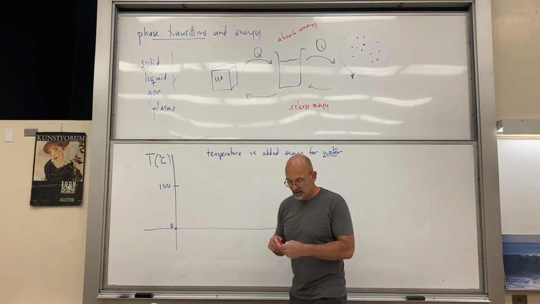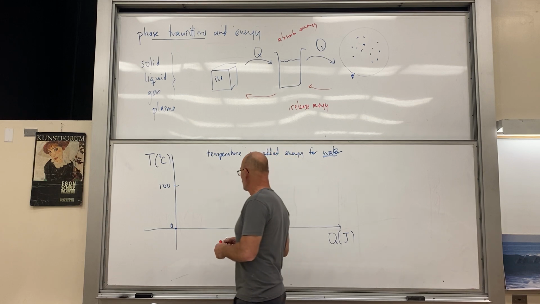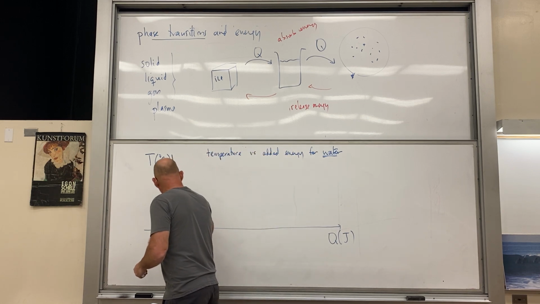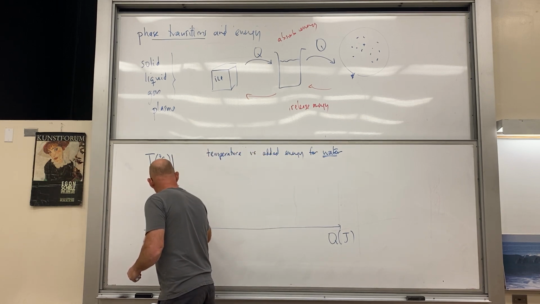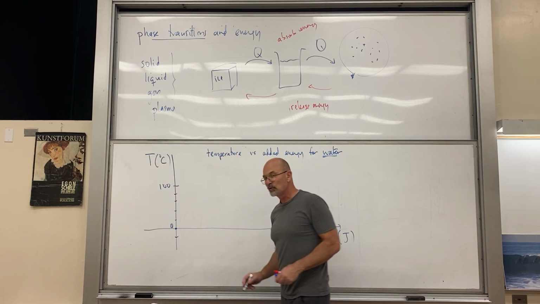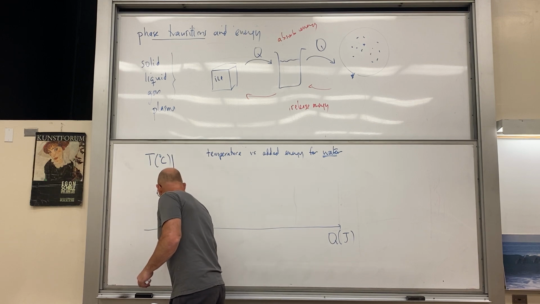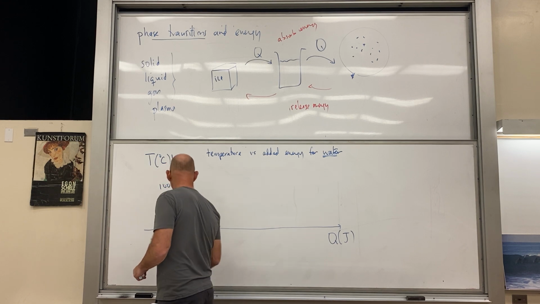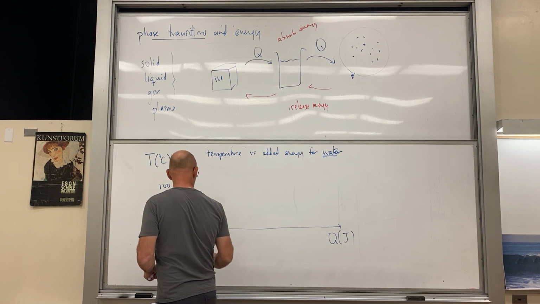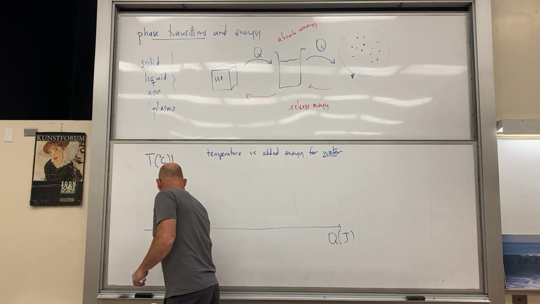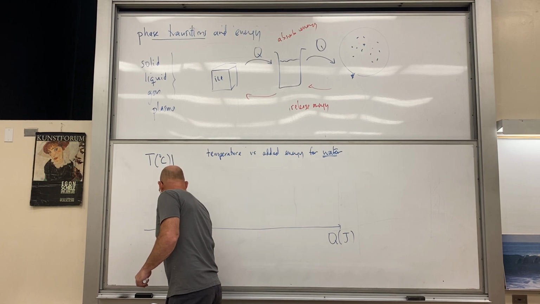So let's start with water at, say, 20, 40, 60, 80, 100. We'll just start at water at minus 20 degrees. Okay, so we've got minus 20, and we have some water, and we're going to add energy, and the water is going to heat up.